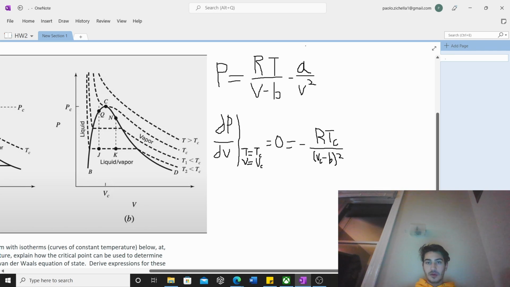Now the derivative of negative A over V squared: the negative turns into a positive, because we are multiplying by negative 2, and this becomes a positive 2A, all over V cubed. And so we have our first derivative. As we said before, we also know that the second derivative with respect to V is also 0.